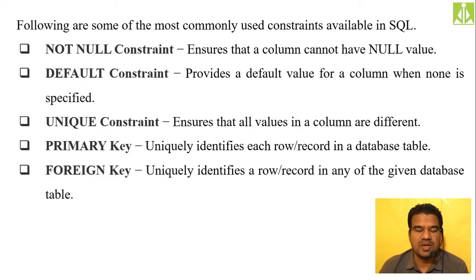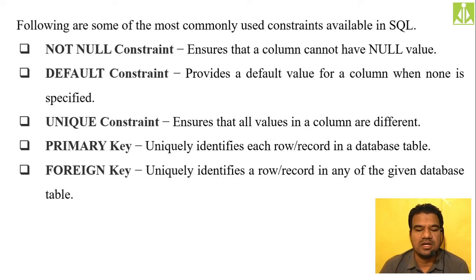We said the SQL constraints include the not null constraint. This not null constraint ensures that a column cannot have null values. If you are inputting a null value for that column, it will restrict that.